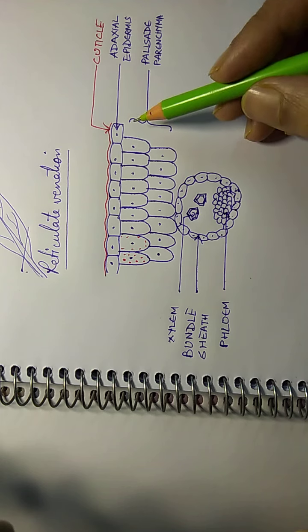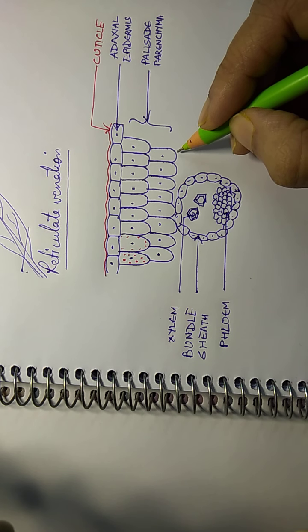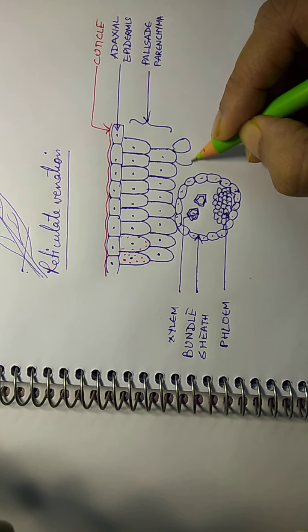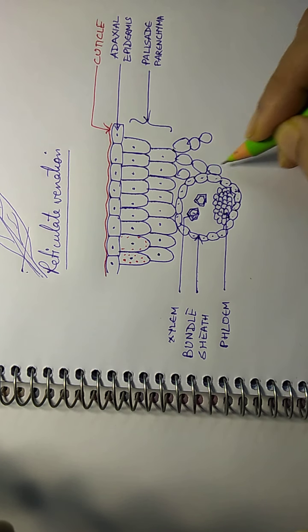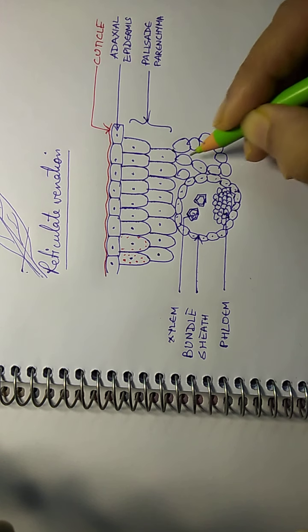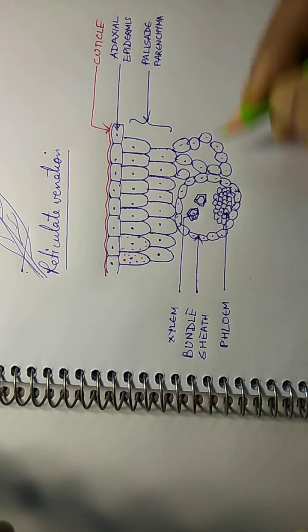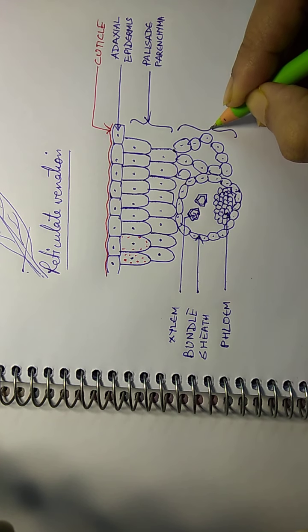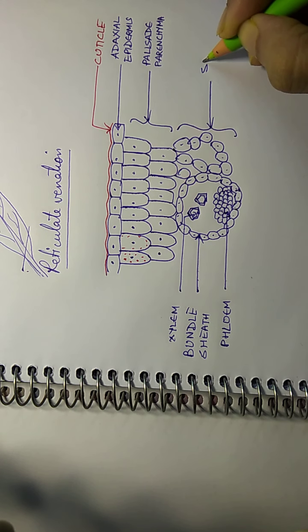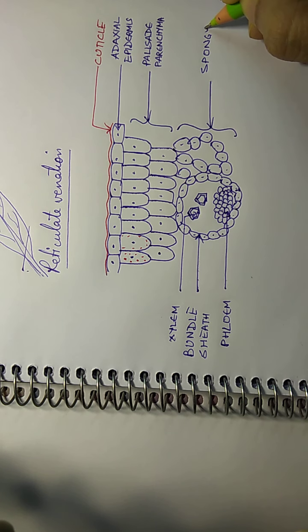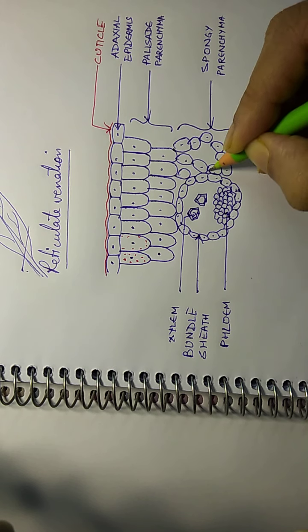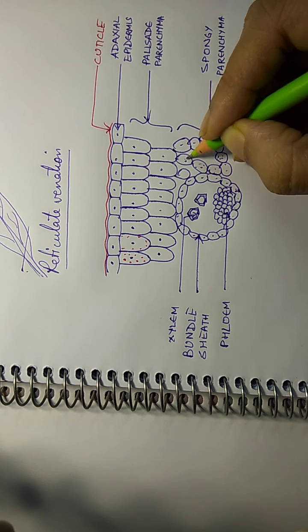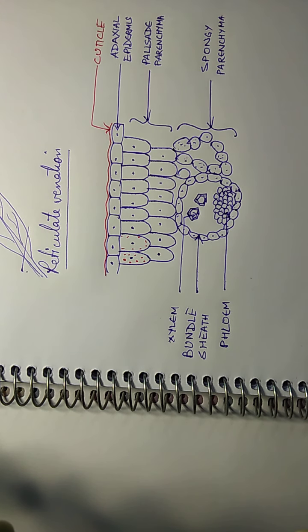Just below it, you will find some loosely arranged parenchyma cells. These parenchyma cells are another layer of cells which is called spongy parenchyma. They are also loaded with chloroplasts, and definitely they carry out photosynthesis.